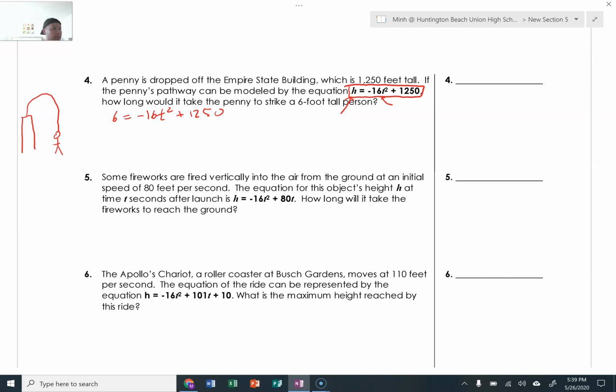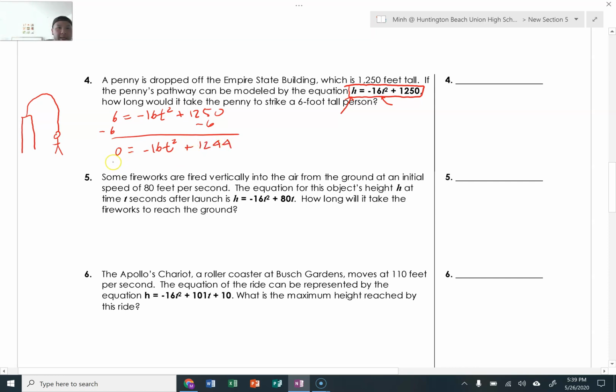In this case, what you're going to do is make 0 exist on the left side, because we can't solve using the quadratic formula unless it's 0 on the left side. So we're going to subtract 6 on both sides. Now I have 0 is equal to negative 16t squared plus 1,244.